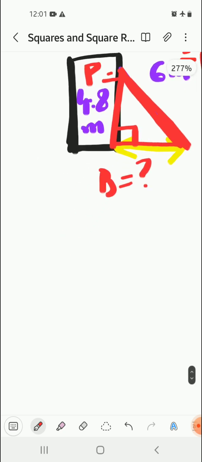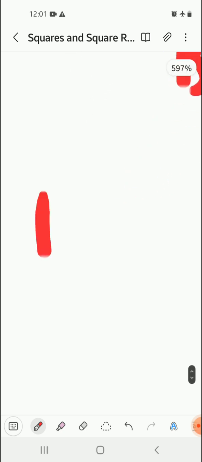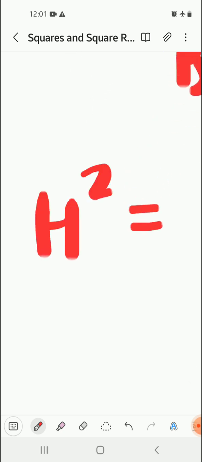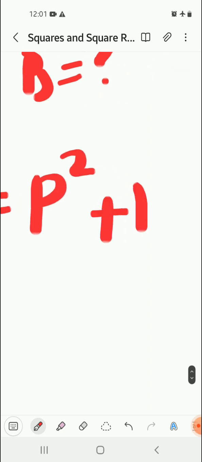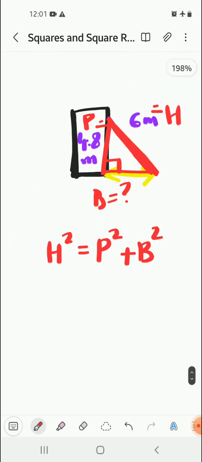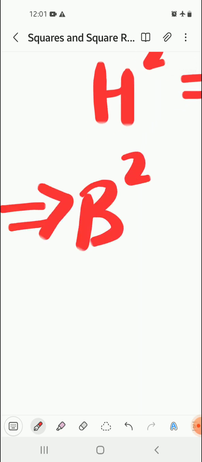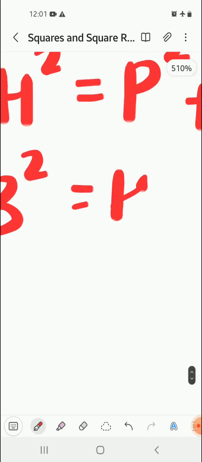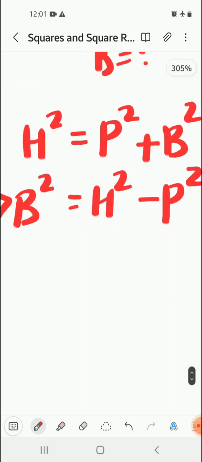Now we are going to use the Pythagoras theorem, which says that hypotenuse square is equal to the summation of perpendicular square and the base square. We are asked to find the base. So base square will be equal to hypotenuse square minus the perpendicular square.